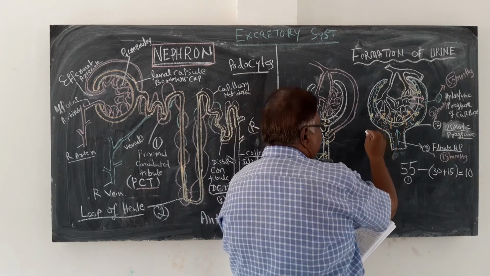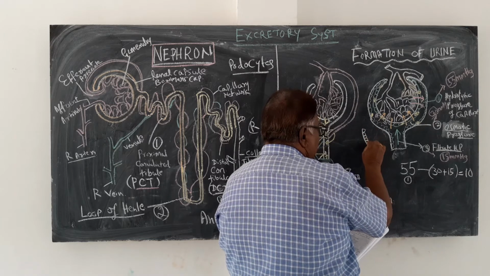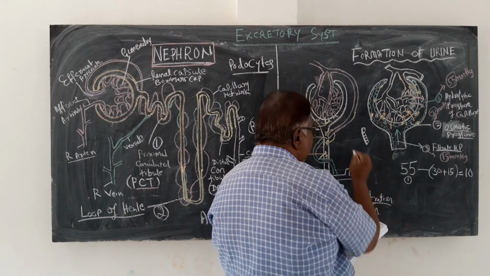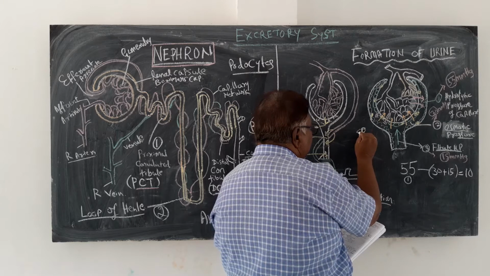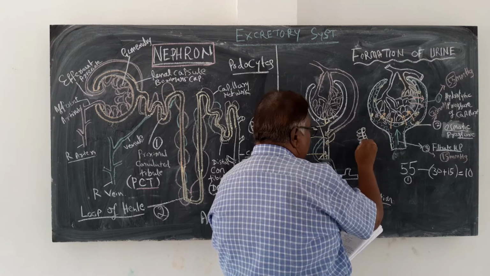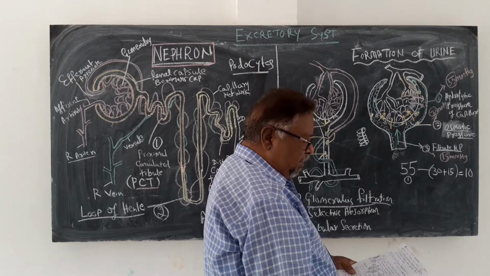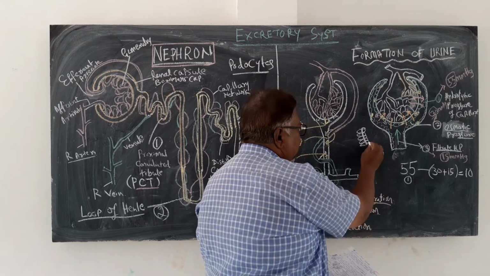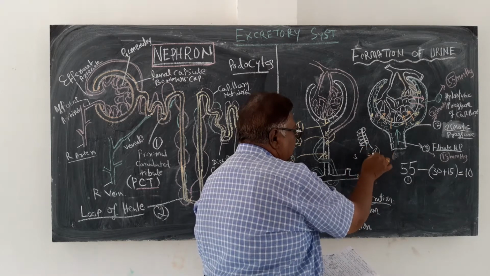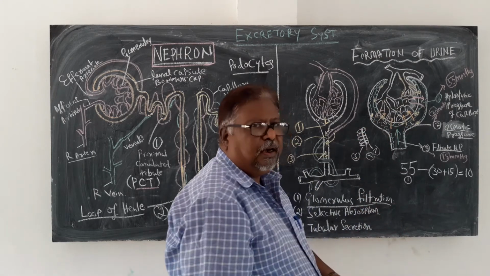Here the glomerular capillary membrane has a single layer of cells and a basement membrane, and the cuboidal cells of the Bowman's capsule. This causes the filtration of blood through 3 layers. This is the first layer, this is the second layer, and this is the third layer. So 3 layers are present here for the filtrate to pass through.